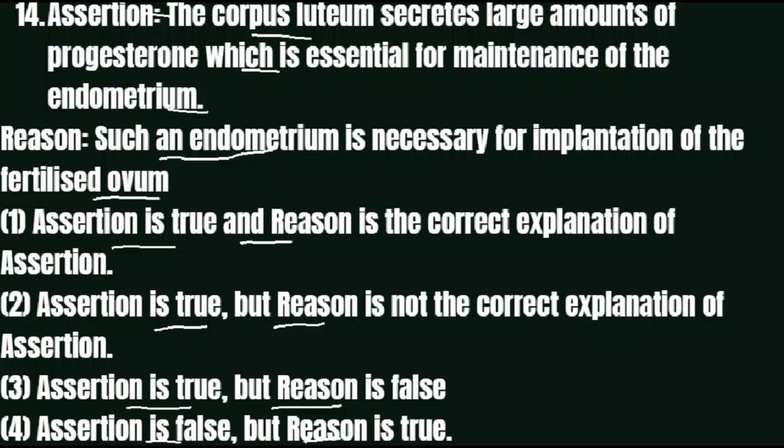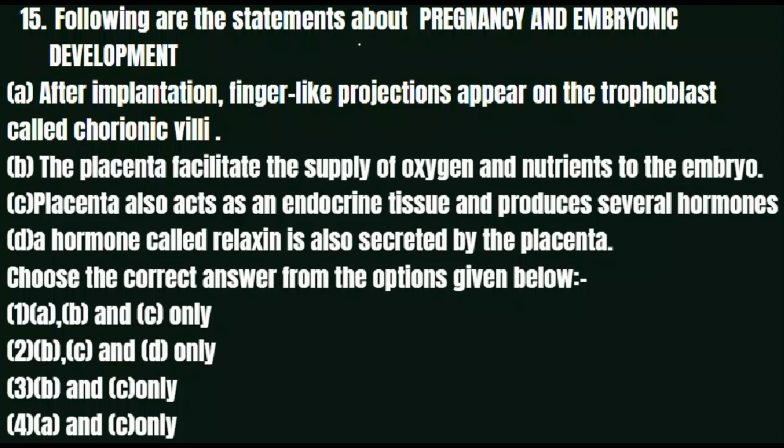Now, in this case, the corpus luteum secretes large amounts of progesterone, which is essential for the maintenance of endometrium, is correct. And such an endometrium is necessary for implantation of fertilized ovum is also correct. So the answer is option 1. Assertion is true, reason is also true, both are true, and reason is a correct explanation of assertion. That's the answer.